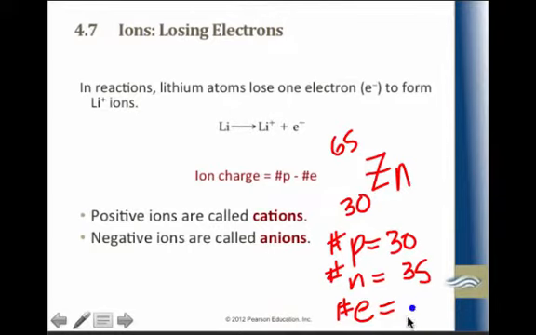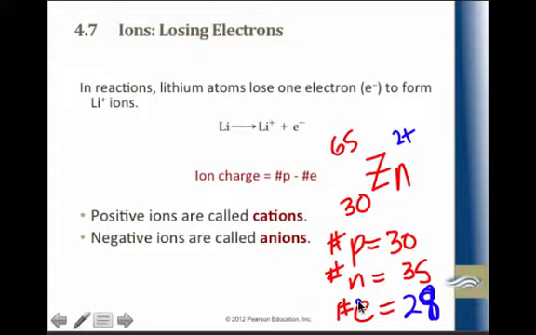This is what an ion is. Suppose I only have 29 electrons, then this would be zinc plus. Or if I only have 28 electrons, then this is zinc 2 plus, which is the way zinc hangs out most of the time because it makes zinc stable to lose 2 outer electrons. And we'll talk about that more in a future chapter.